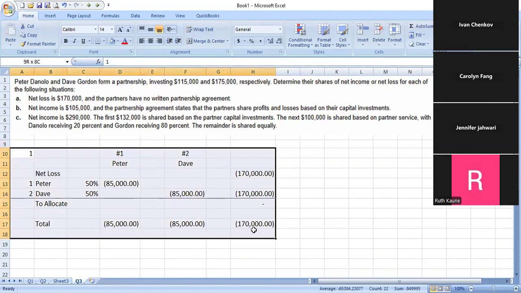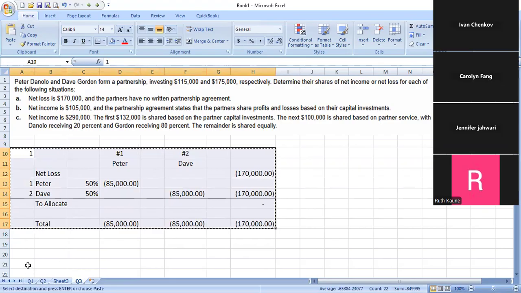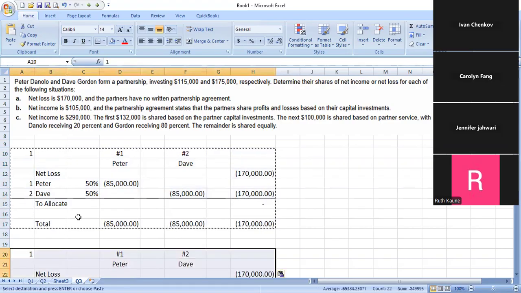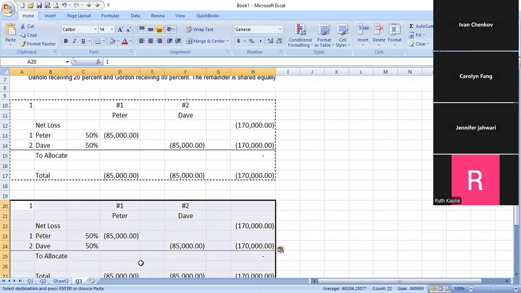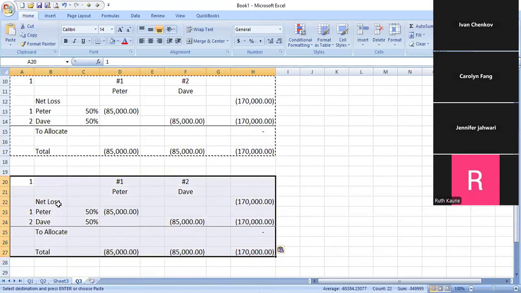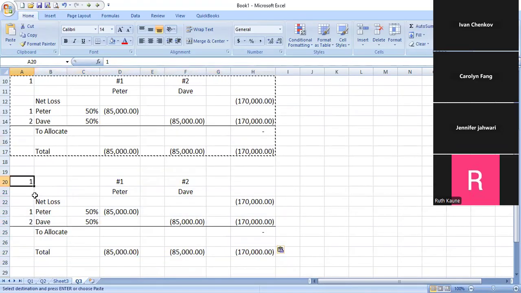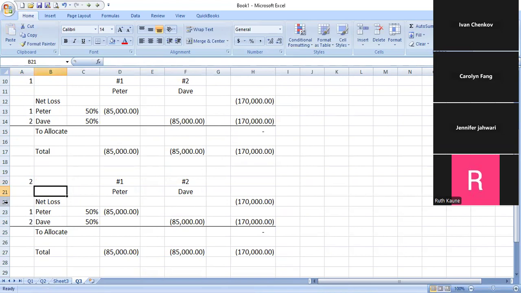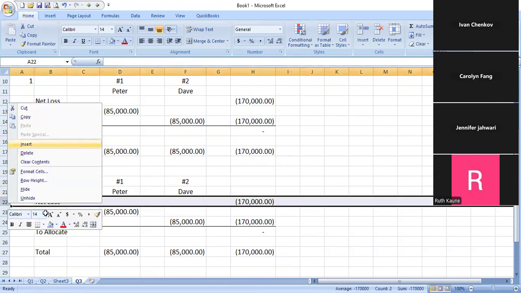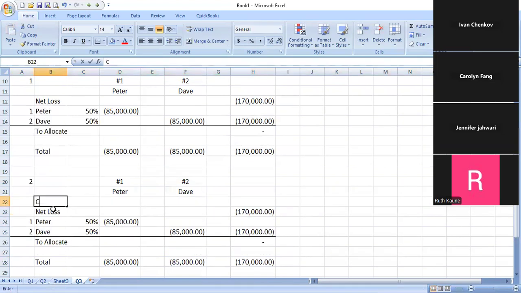So now we can use this template and add a little bit more on the next calculation, when we're calculating net income where the agreement states that the partners share profits and losses based on the capital investment. So for number 2, we have to see how much their capital was. Insert, that will be capital.